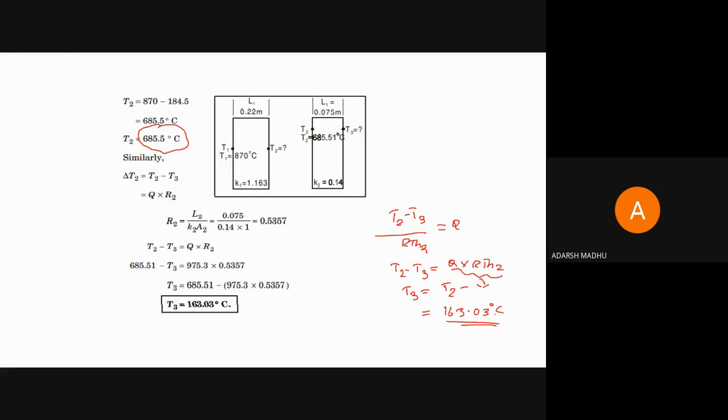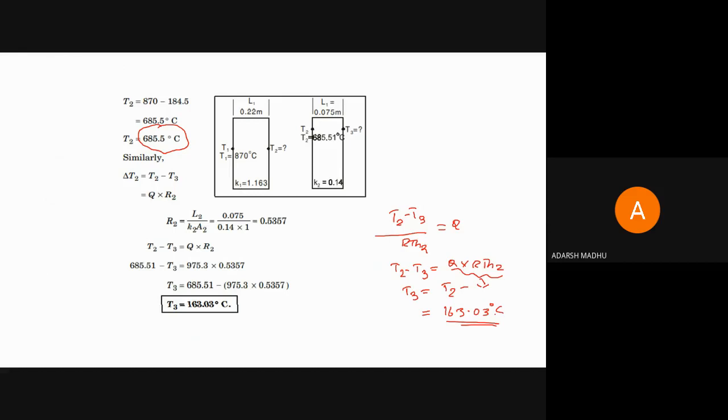Like interface temperature is not given, or the quantity of heat transfer is not given, or the surface temperature is not given, or the thickness is not given. L1, L2 and L3 will be there, and one of them, say L2, is not given. And K1, K2 and K3 are constant values, so they will never change.